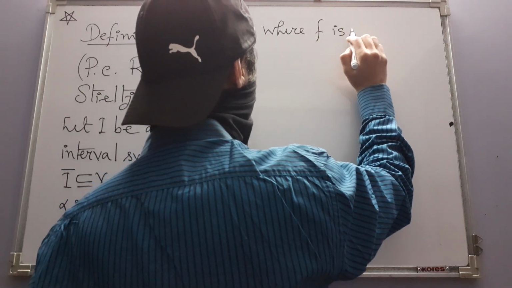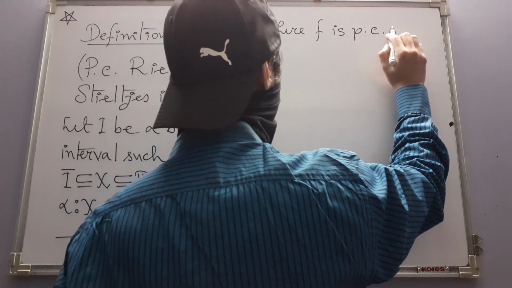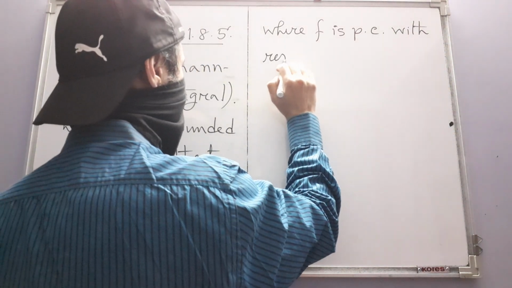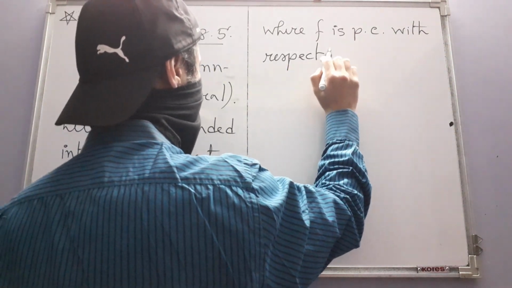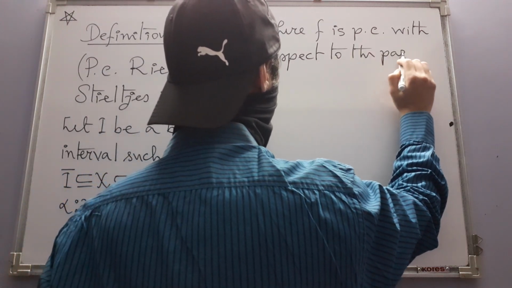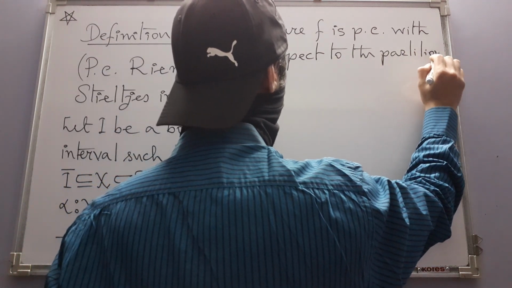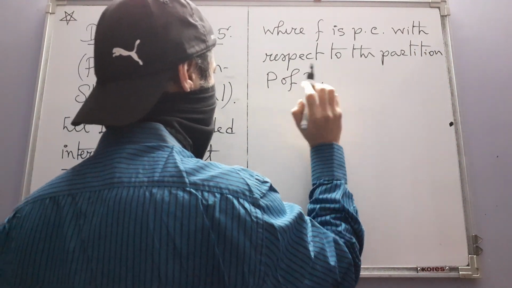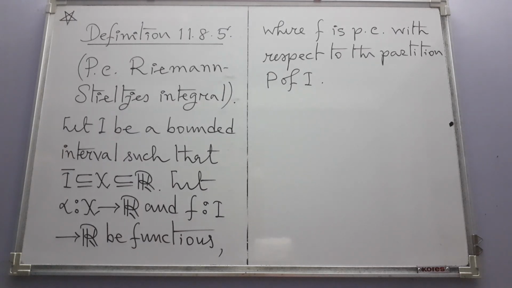F is PC, that means piecewise constant, with respect to the partition P of I. Okay, so this is our setup. Basically, we have two functions alpha and F like this, where F is piecewise constant with the other conditions.